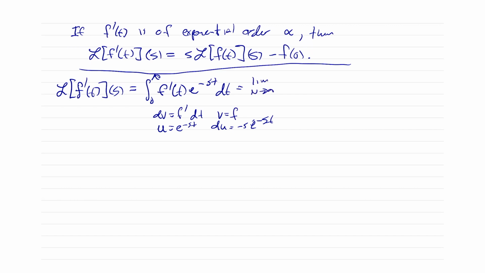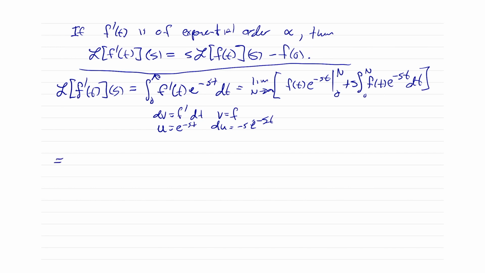So we have the limit as n goes to infinity of f of t times e to the minus st, evaluated at n and 0 for t, minus the integral from 0 to n of minus s, and that's where this guy is, of f of t e to the minus st dt. Oh, that minus s doesn't go in there. Sorry, that's just u, not du. There we go.